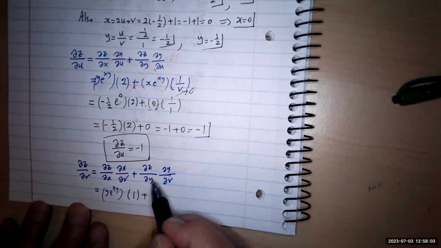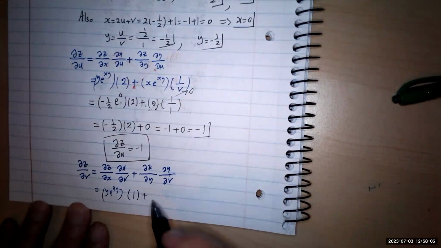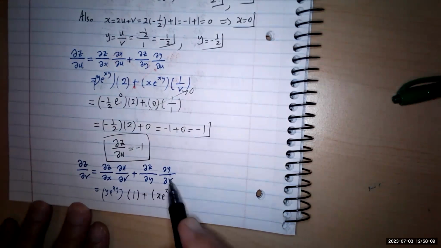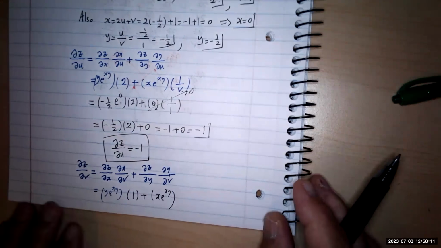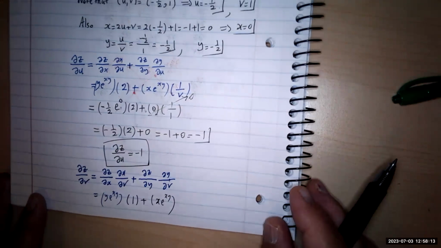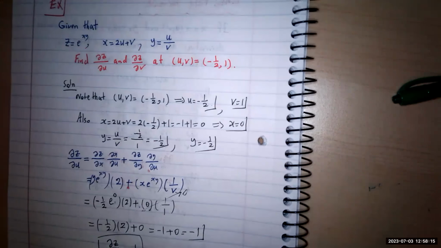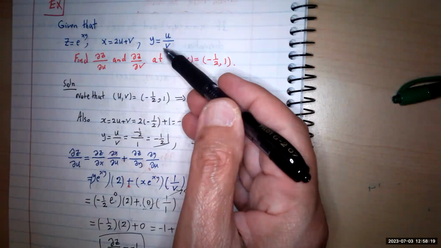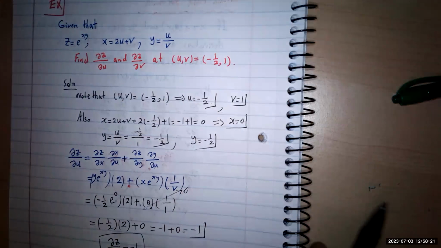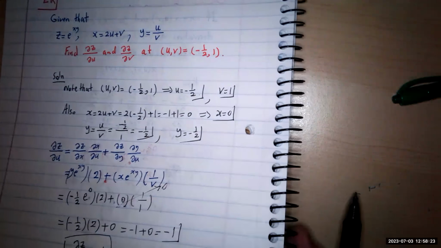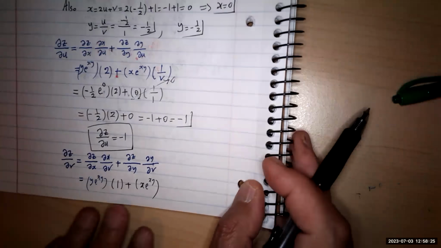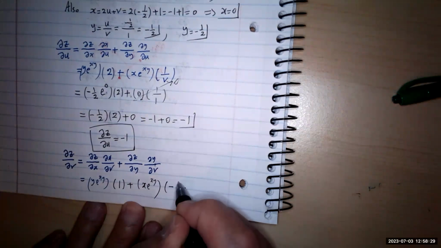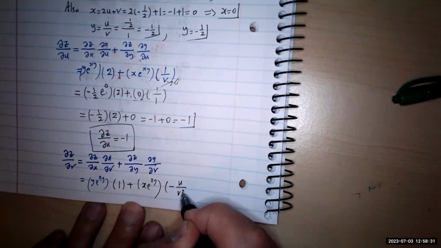Last, ∂z/∂y, as we did before, is x e to the xy times the derivative of y with respect to v. You see this is your y. With respect to v, the derivative of the top times the bottom would be 0, the bottom's derivative times the top would be 1, negative u over v squared. So it's kind of a quotient rule, negative u over v squared.